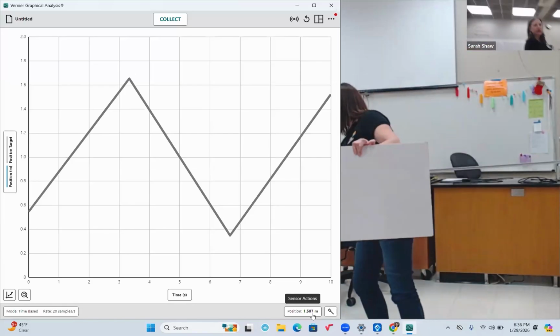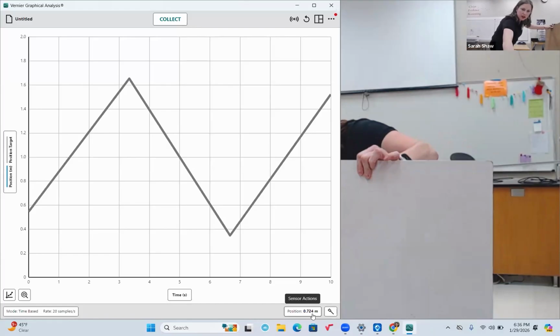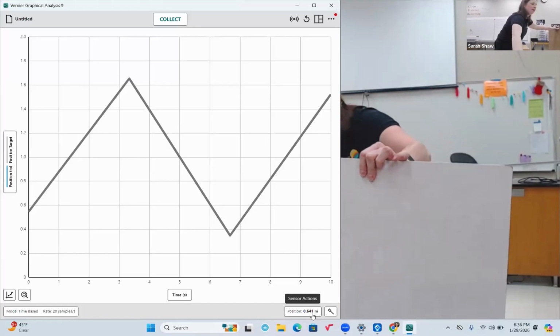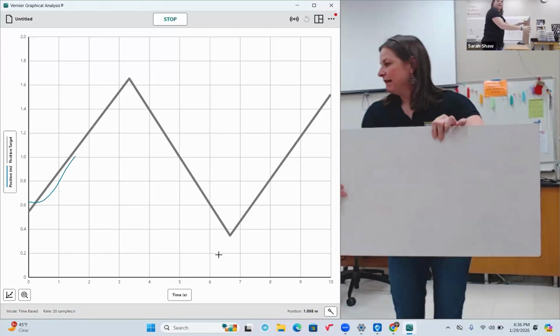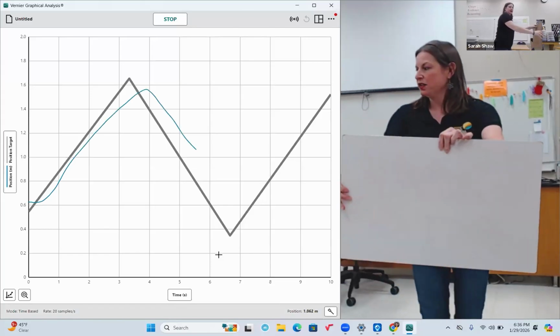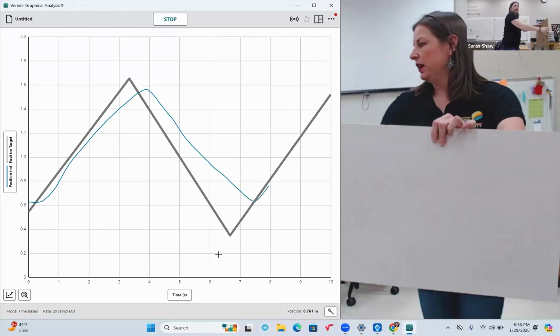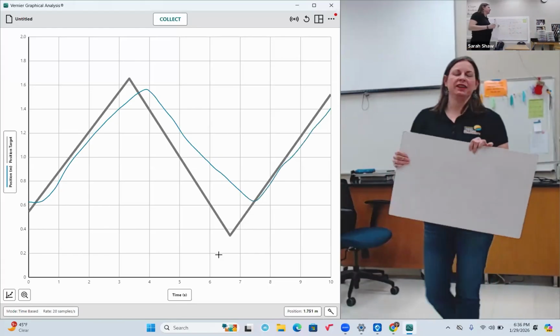I'm not quite close enough. All right, that looks like I'm starting about right, and we're just going to start collecting. They have to walk at the right rate and watch it as they go. I'm not quite in the right spot, and they have a lot of fun going back and forth with it.